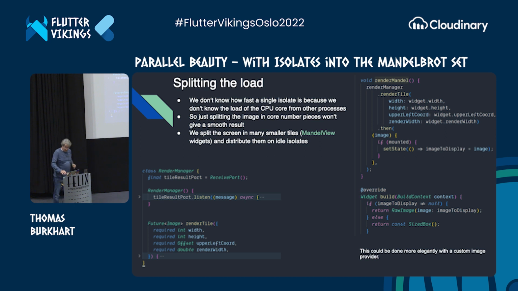On the other side, you see in the tile widget the render Mandel function. This is called in the initState of the tile, then I wait for the future result, and when it's there, I just do a setState with the new image to display the resulting image. So it's very basic.